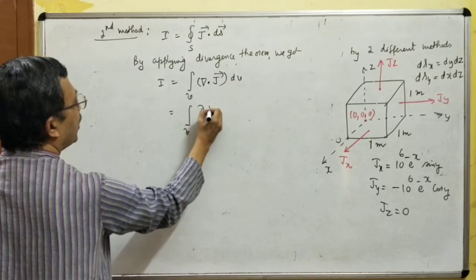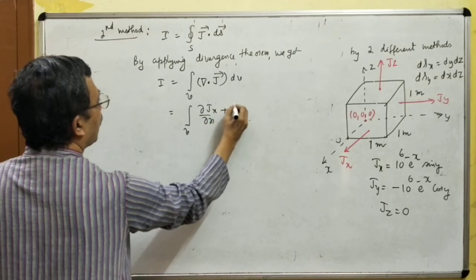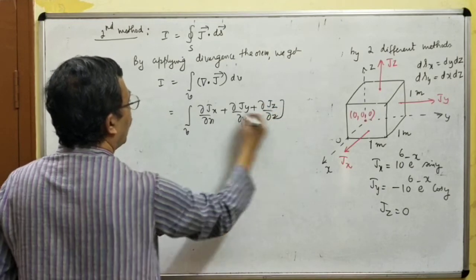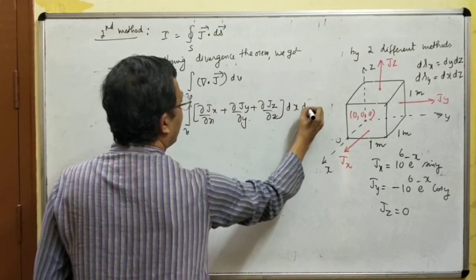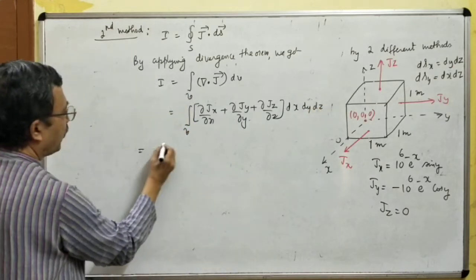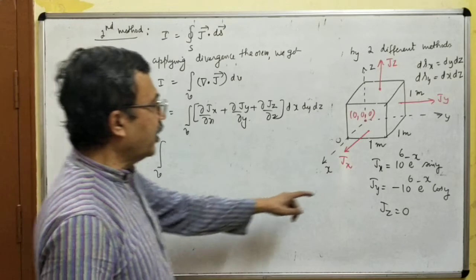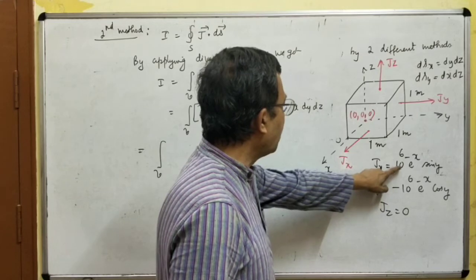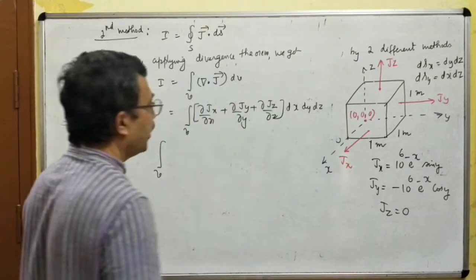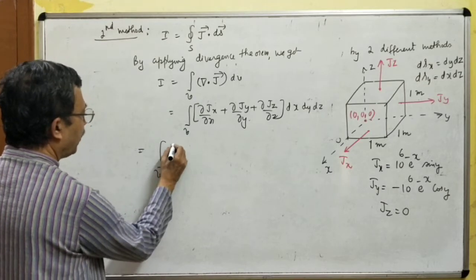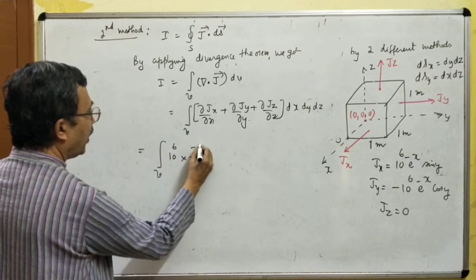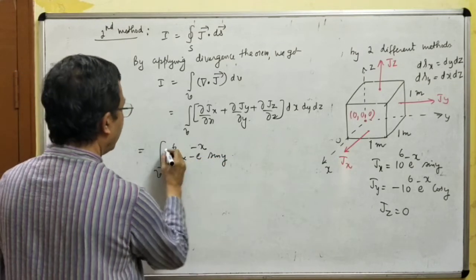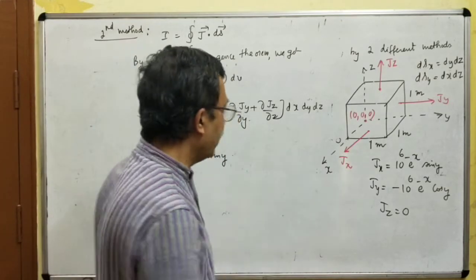What is divergence of j? Dou jx by dou x plus dou jy by dou y plus dou jz by dou z. What is dv? dv is dx, dy, dz. So this becomes volume integral. If you differentiate this with respect to x, what you get? Dou jx by dou x is 10 to the power 6 into e to the power minus x into sin y. If you differentiate this with respect to y, what you get?